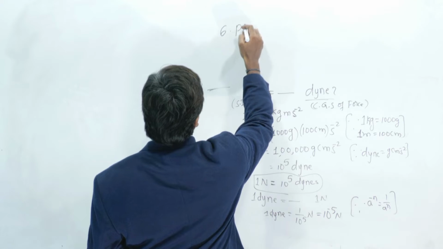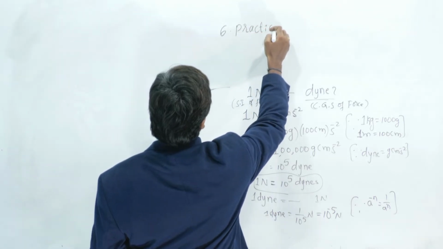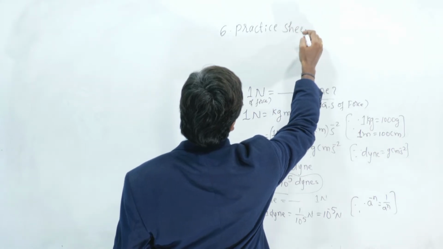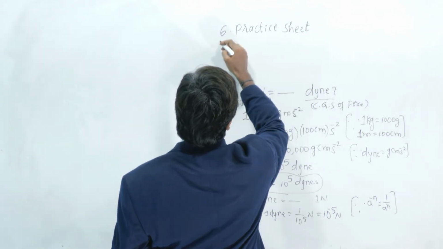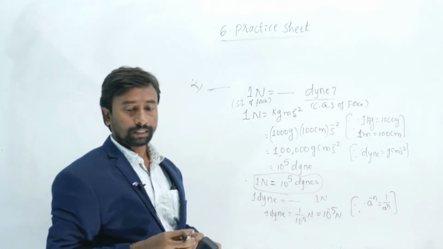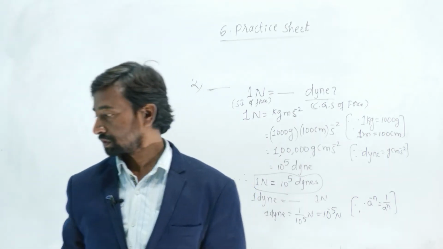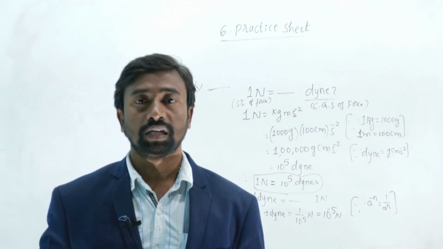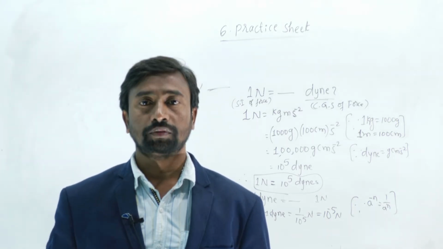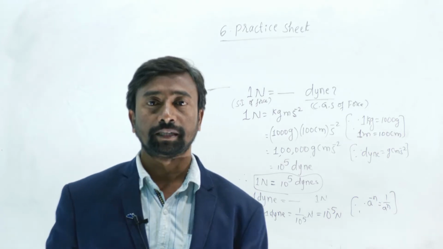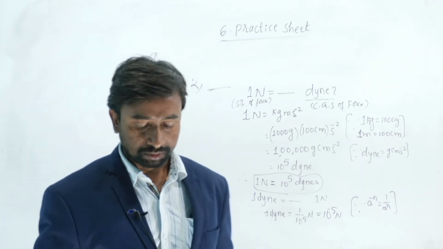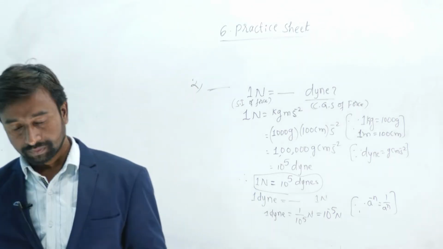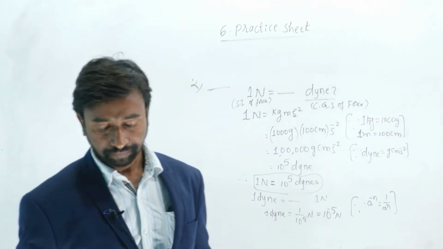First question, concept based questions. Among the following, the smallest unit of time. First option is millisecond, second option is microsecond, third option is nanosecond, and fourth one is shake.